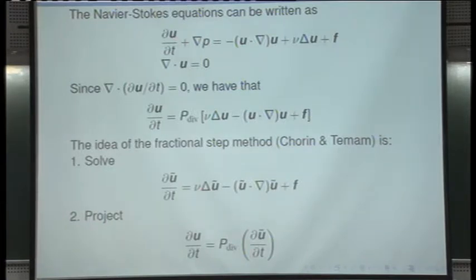Therefore, we can see that that component is precisely the projection onto the space of divergence-free vectors of the right-hand side. That is a simple idea. But we can write the Navier-Stokes equations in this way: du dt is the projection onto the solenoidal space of vectors of this vector.